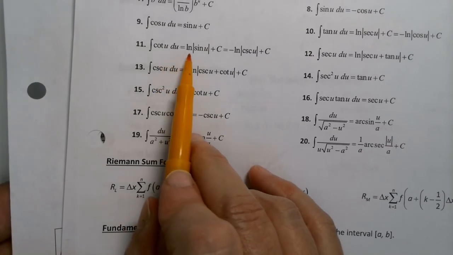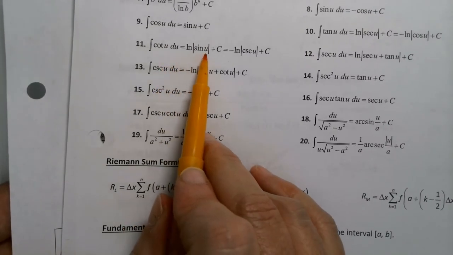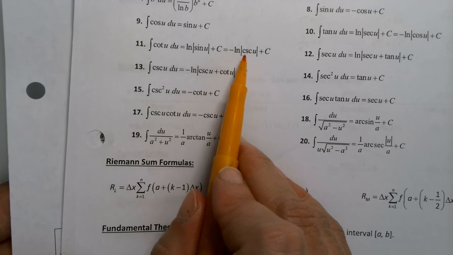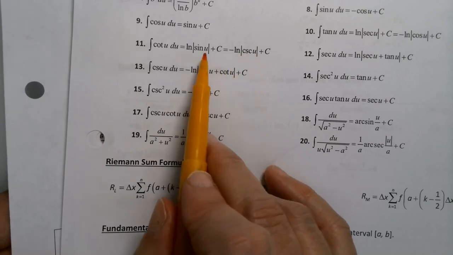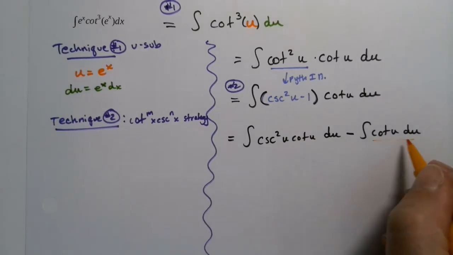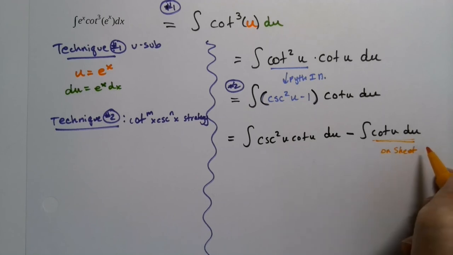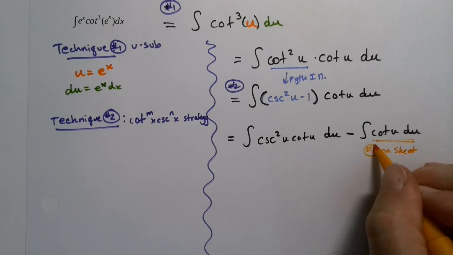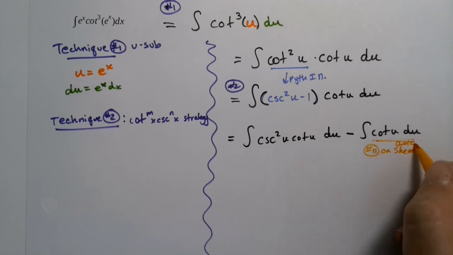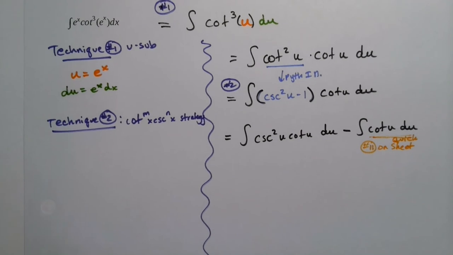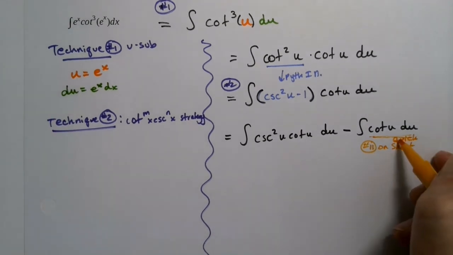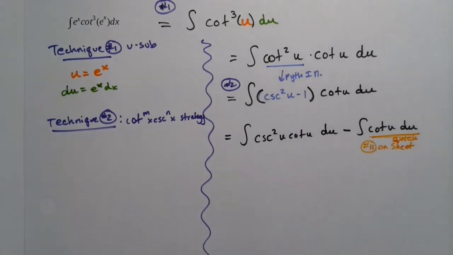It says right here, it's the natural log of sine of u or the negative natural log of cosecant of u, either one, right? So that's on our quick sheet, number 11. All right, so that's fine.